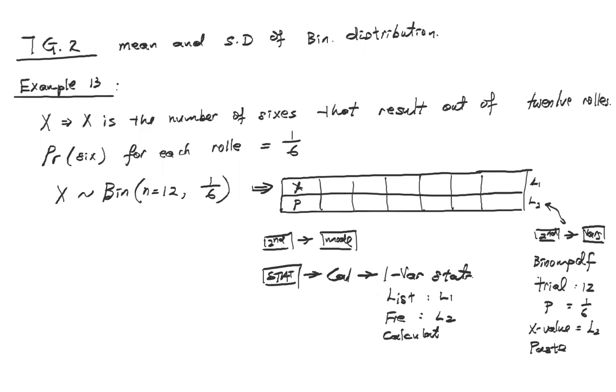The moment you press calculate, the first one will be the mean, and this one will be the standard deviation. You get that? Okay. Do you get exactly what the textbook gives you?